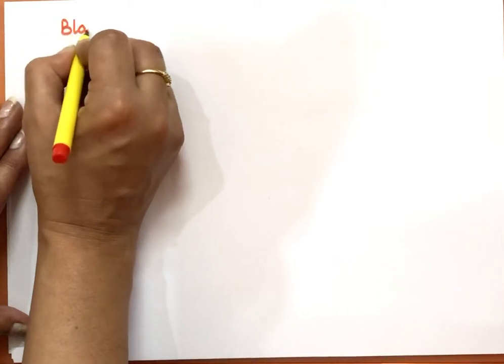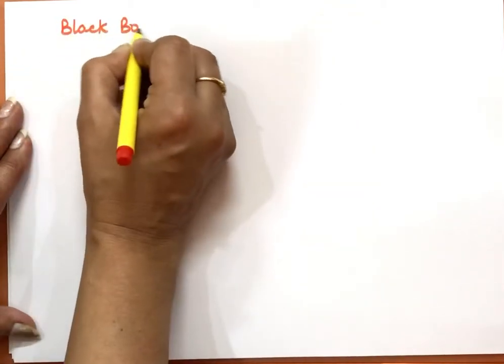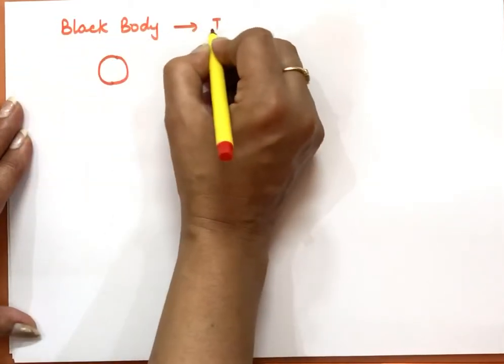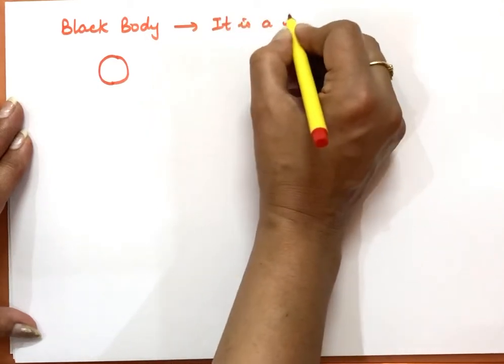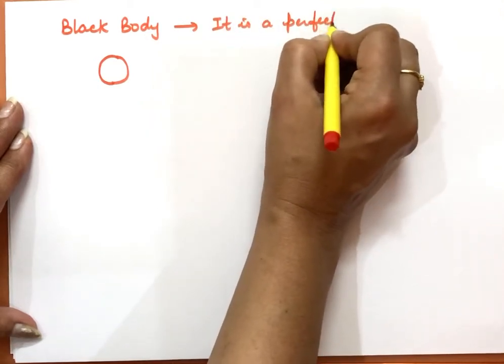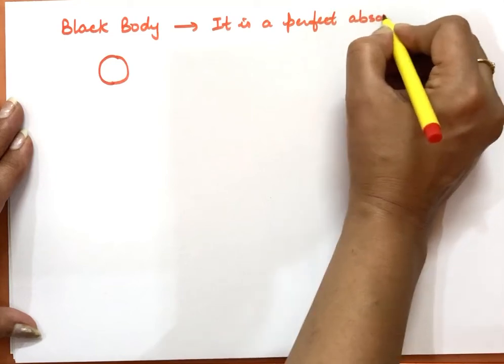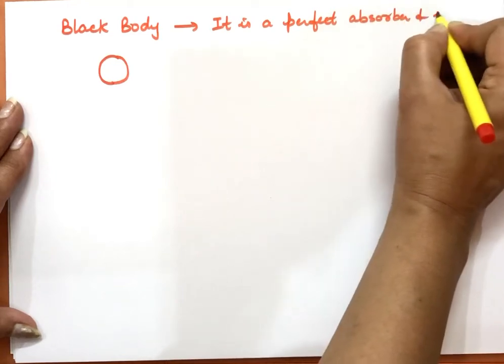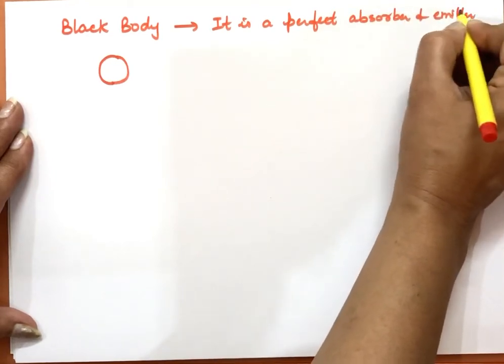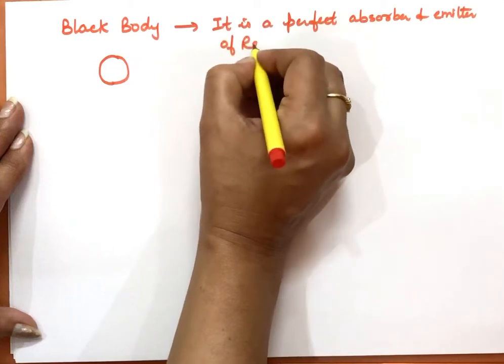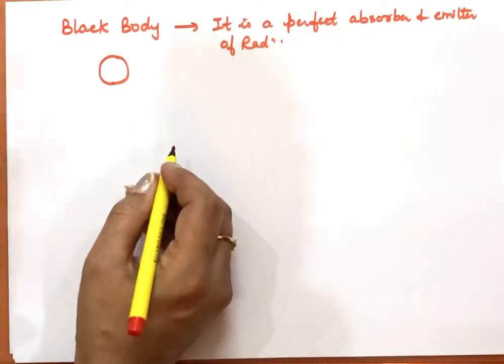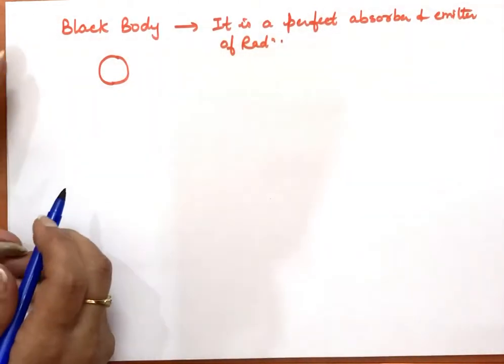First of all, a black body is a perfect absorber and emitter of radiations. Now, what is the meaning of perfect absorber and emitter of radiation?